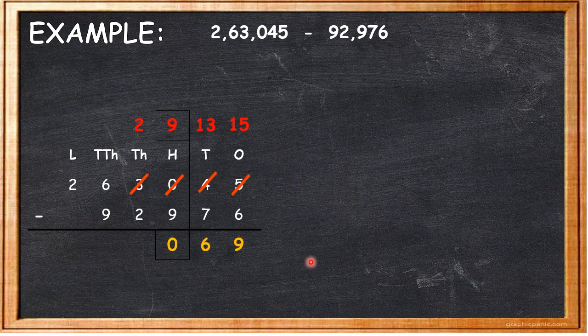Now, after subtracting the tens column, let's subtract the hundreds column. I'm writing it here separately. Let's see what the digits are under the hundreds column. 0 and 9. But here I have taken 9 and 9. From where did we get this 9?